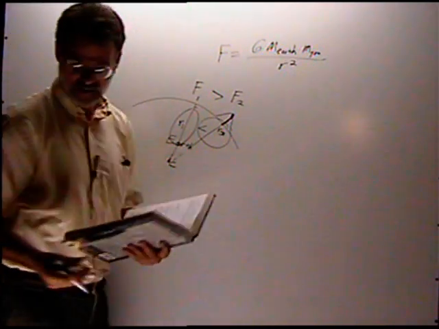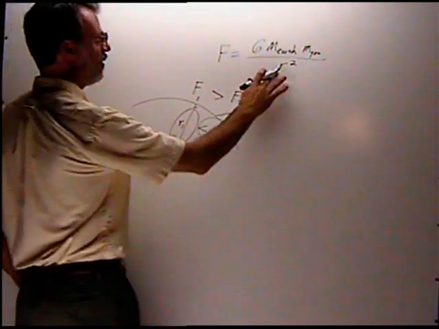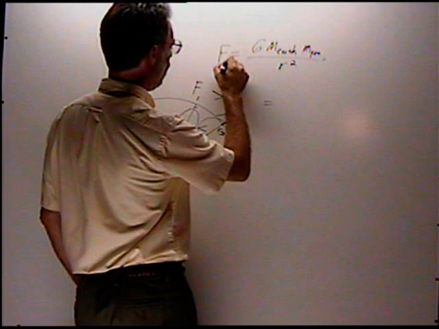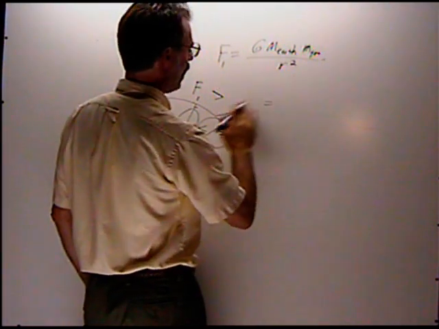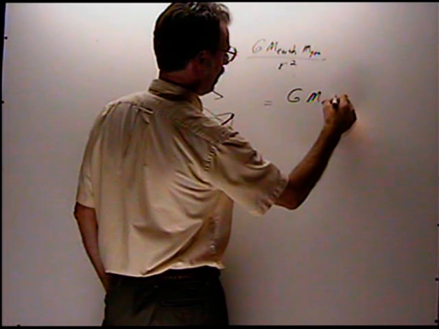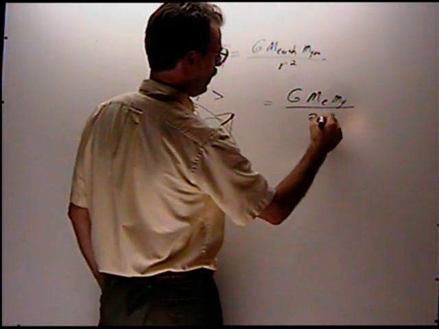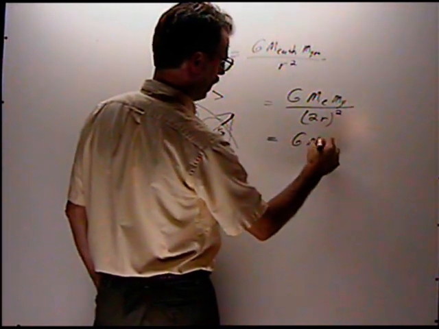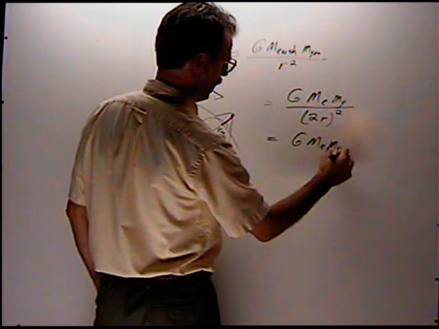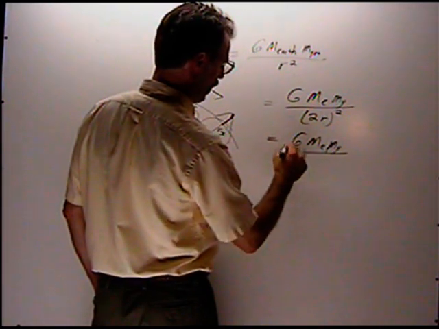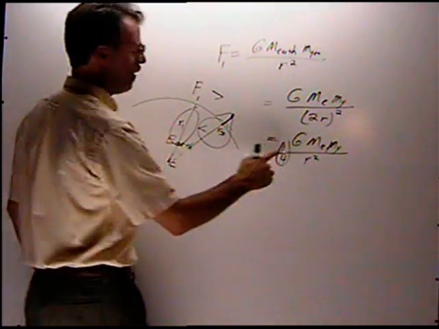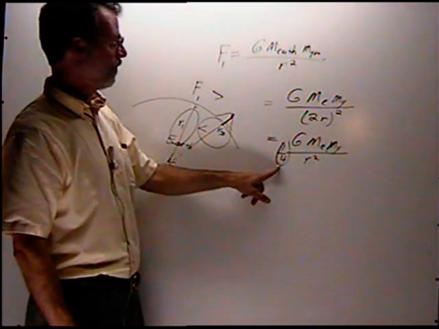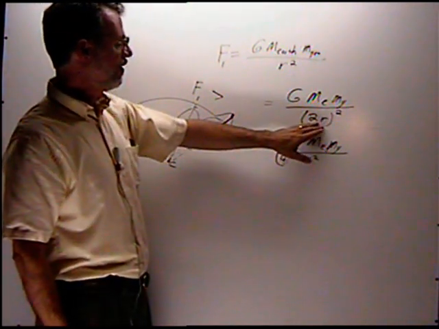If this distance suddenly doubles, if we double the distance and square it, we end up with 1/4 the gravitational force, because the distance is squared.